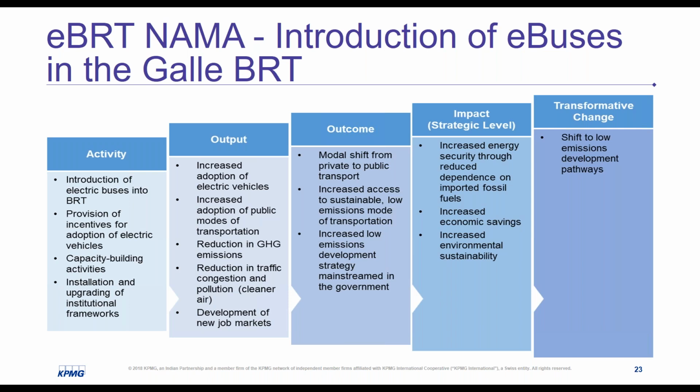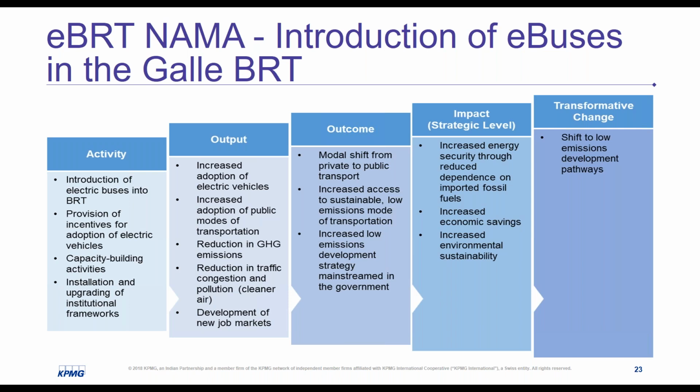And this was one of our major observations, that there was huge traffic congestion in the city and associated pollution because of, one, the vehicles that were being used were old and were not maintained properly. There was a lot of black smoke, and people were really feeling bad health conditions because of these buses.